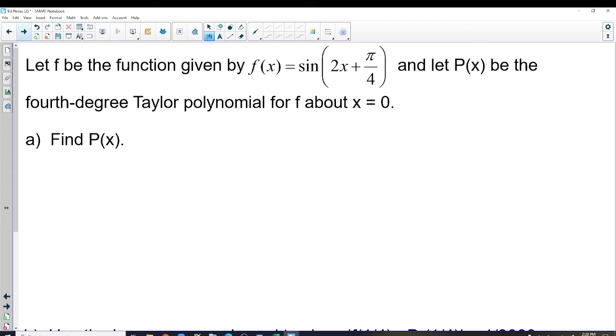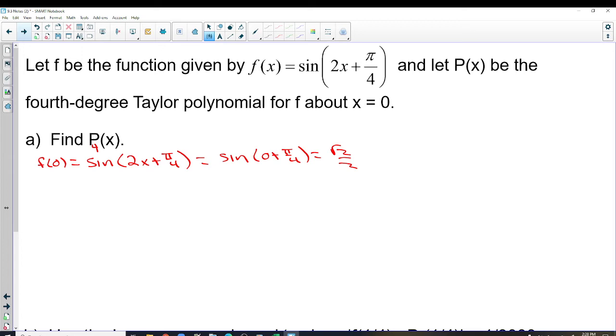Let f be the function given by that, and let P of x be the 4th degree Taylor polynomial for f about x equals 0. I should say find P sub 4 of x is what I should have. So f of 0 is sine of 2x plus pi over 4, and then when we plug 0 in, we get square root of 2 over 2.